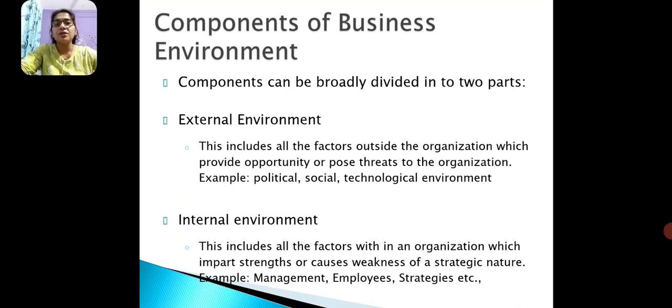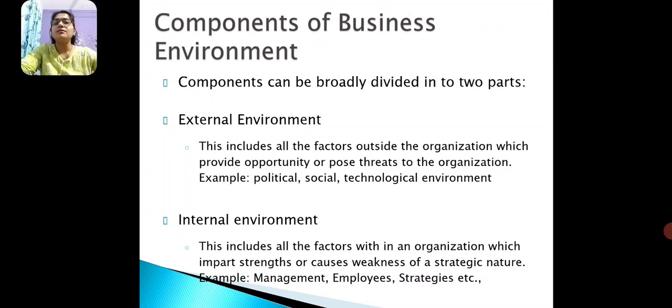Like you cannot influence the government to change the policies, or you cannot influence the people in your locality to change their culture, or you cannot have a greater influence on them, isn't it? So it is sort of uncontrollable, or you can have very little control over this particular segment of the environment. Then we have the internal environment. This is within the organization, or in the direct first circle of the organization.